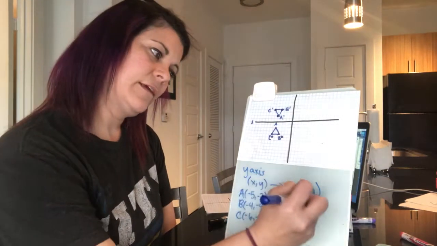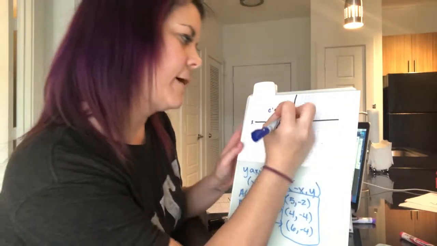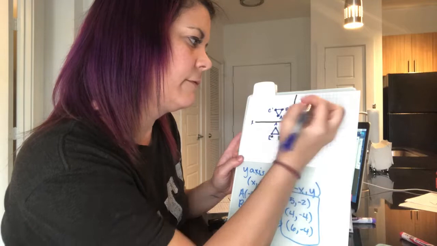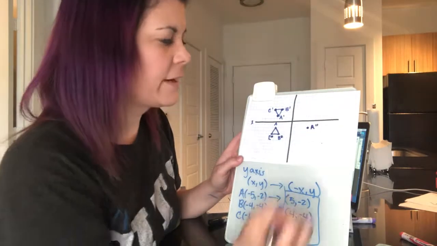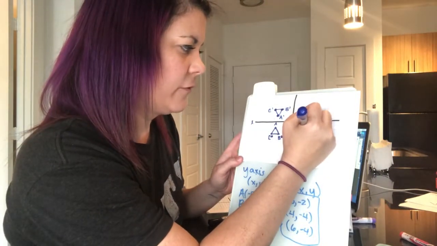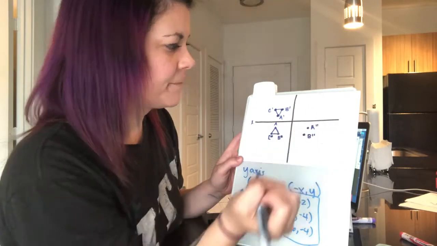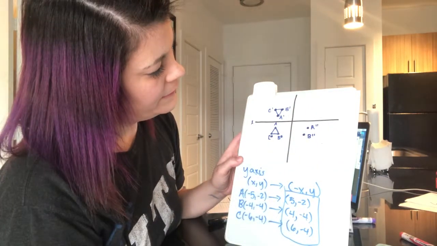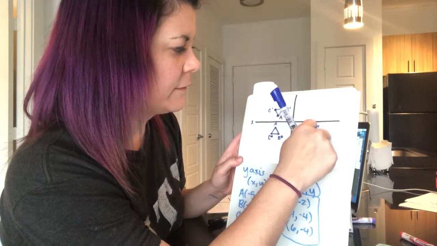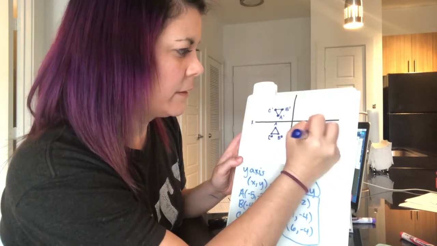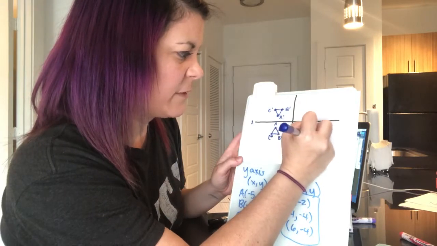Now we can graph these. (5, -2) is A double prime. (4, -4) is B double prime. And C is (6, -4), that's C double prime. I should have listed my B double prime over here.